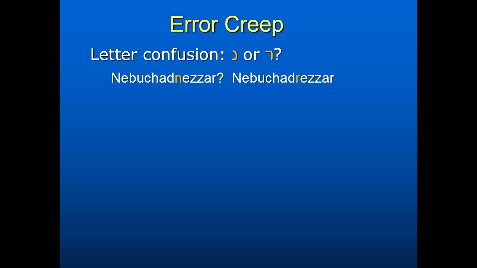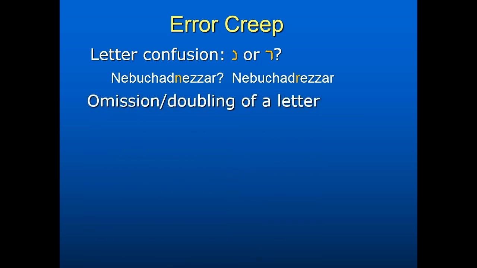Could happen to anyone. In the same way, a moment's inattention could result in a letter omitted, or in a letter doubled. And then there are Hebrew numbers. Unlike our system, which we got from Arabic, with specific symbols standing for numerical digits, the Hebrew language just used letters from their alphabet to represent numbers.